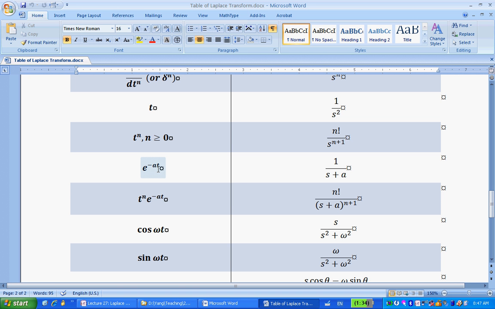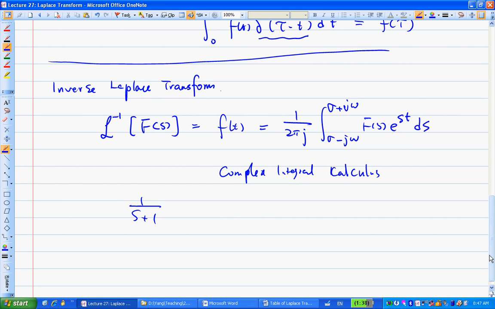If you're given 1 over s plus a, for example 1 over s plus 1, then the corresponding time function is e to the power of negative t. This is actually an easy one. Many of these I would recommend that you memorize, not rely on the table.